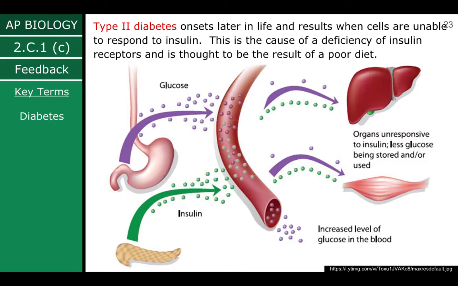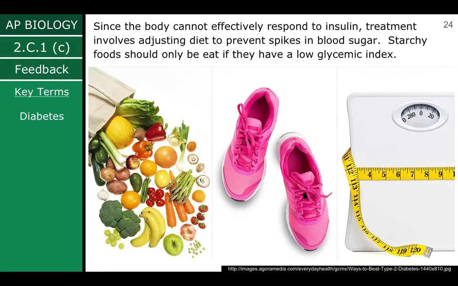Type 2 diabetes onsets typically later in life and results when cells are unable to respond to the insulin that the body is producing. This is the cause of deficiency of insulin receptors and is thought to be a result of poor diet. Since the body cannot effectively respond to insulin, treatment involves adjusting diet to prevent spikes in blood sugar.